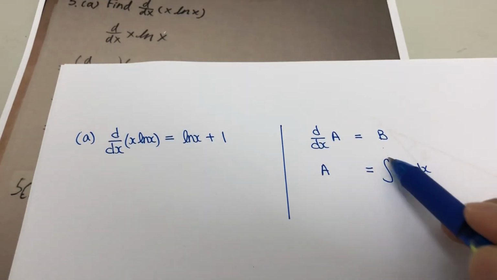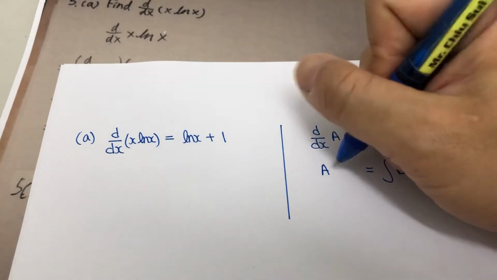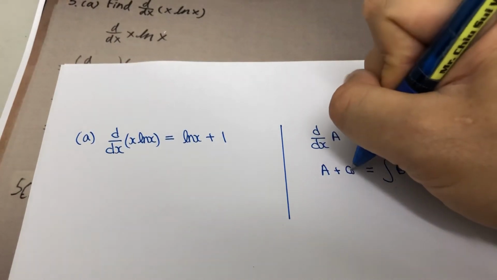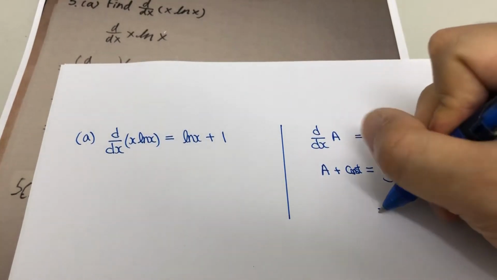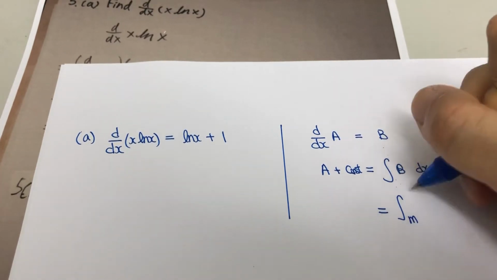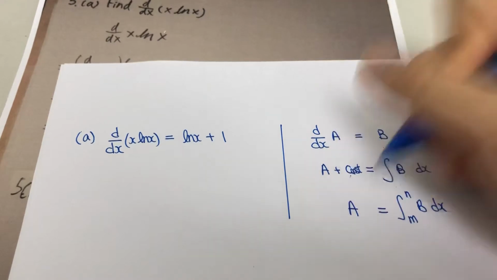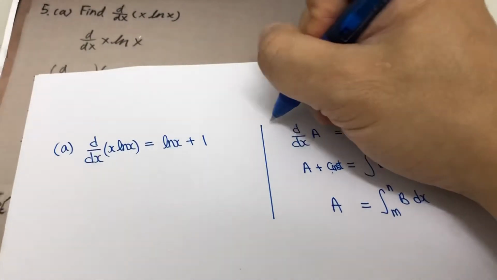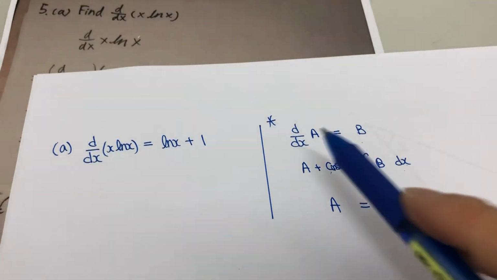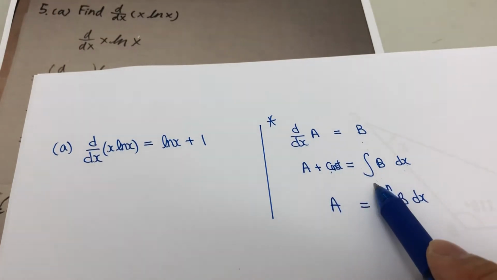If there's no boundary, then we have to add a constant. But when there's a boundary, say m to n, we don't need the constant, so it becomes a. So this is the relationship between differentiation and integration.